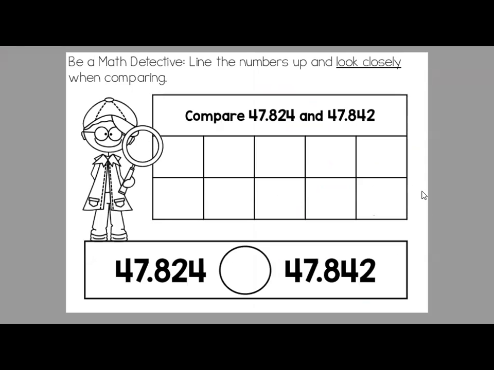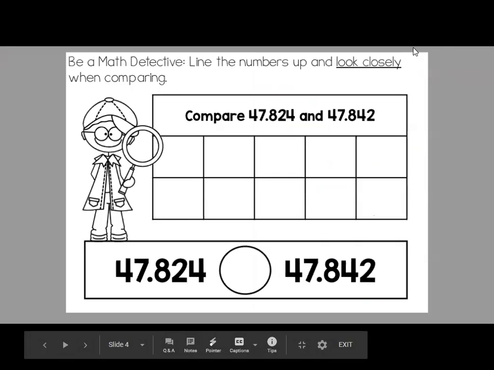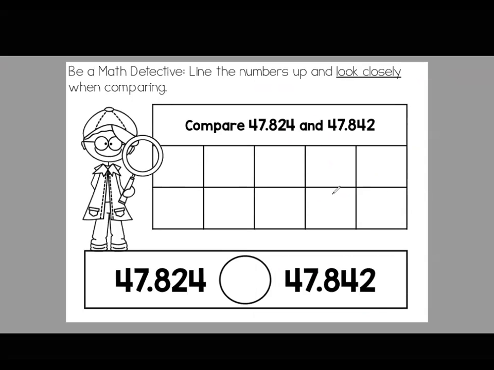So you want to make sure you're being a math detective, line the numbers up, and look closely when you're comparing. If we look here, we have a chart that is set up for us, and we're comparing 47 and 824 thousandths and 47 and 842 thousandths.